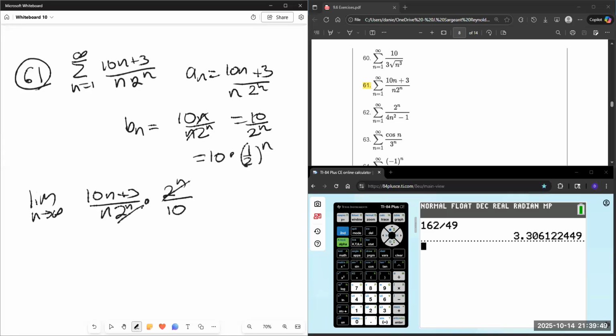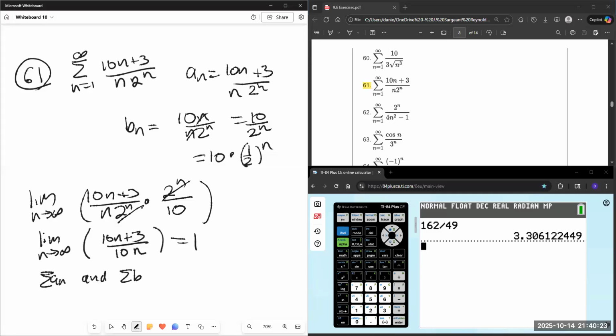The 2 to the n's will cancel, and this will be limit as n goes to infinity of (10n plus 3) over 10n, which is going to be equal to 1, which is what I want. That's positive. So an series and bn series both converge or both diverge.